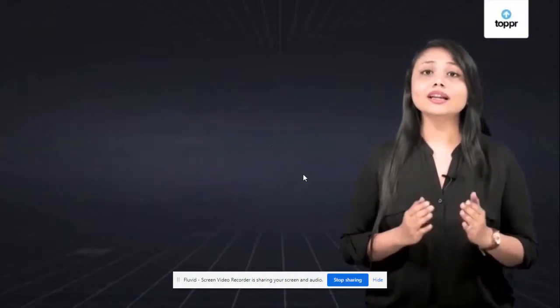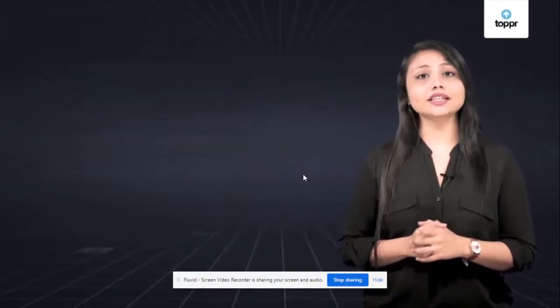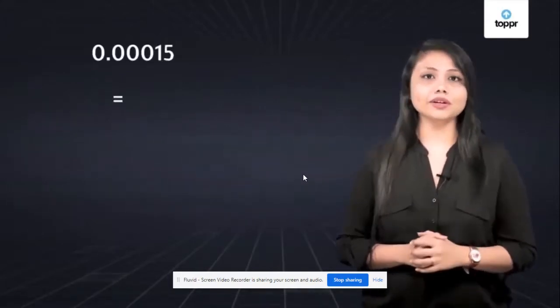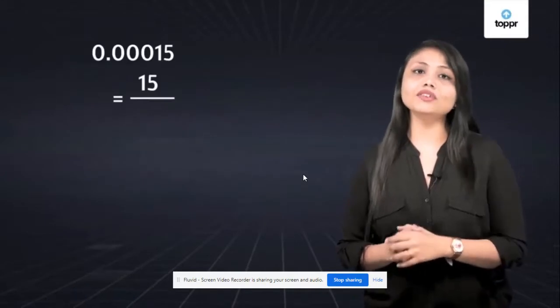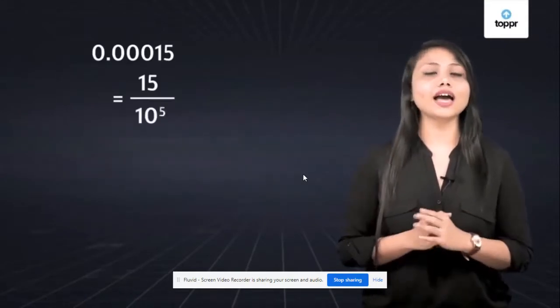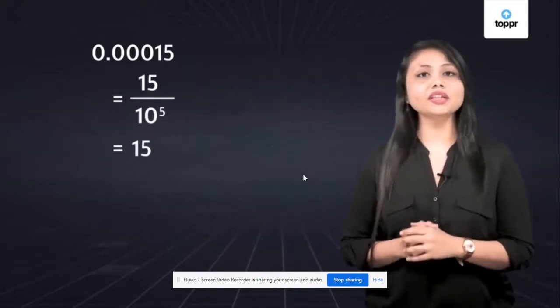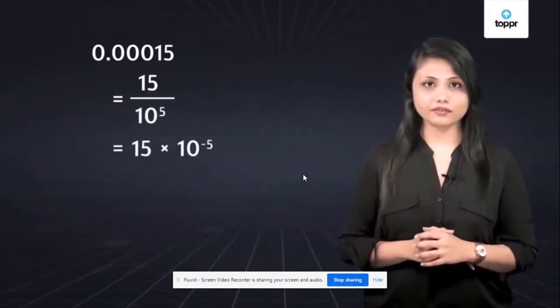Now, let us consider a number, say 0.00015. This can be written as 15 by 10 raised to the power of 5 as shown, which can again be written as 15 into 10 raised to the power of minus 5.